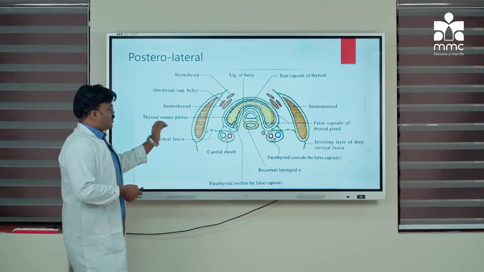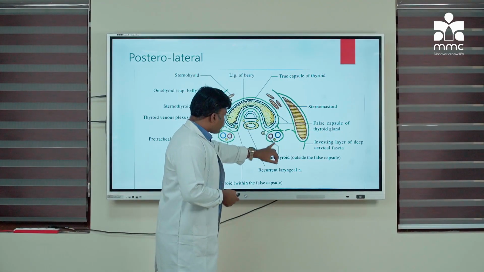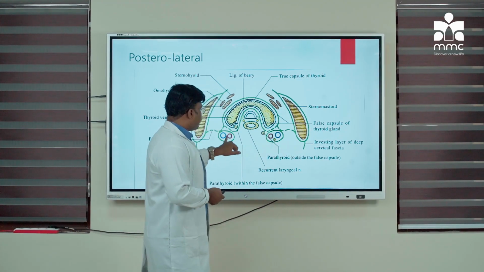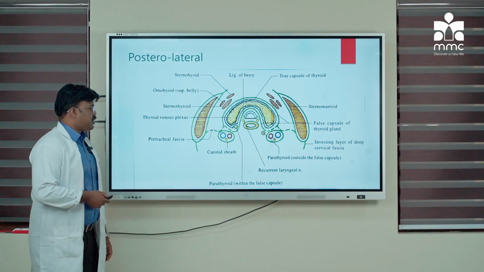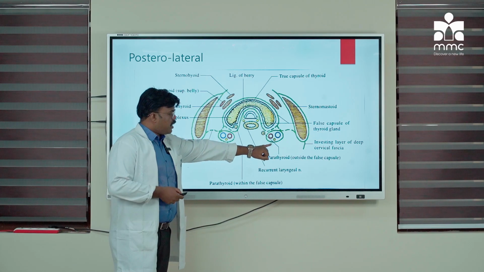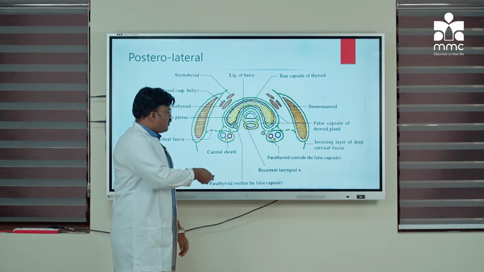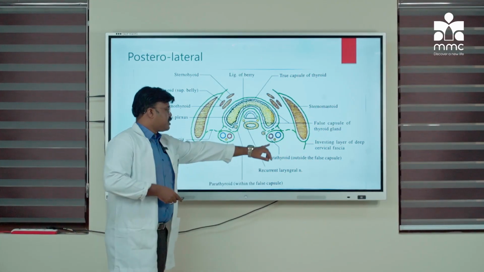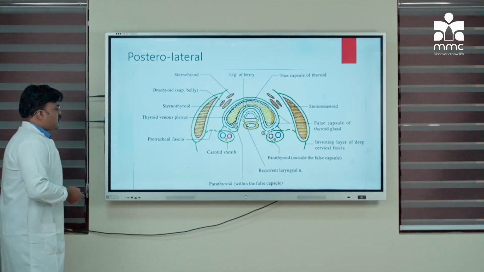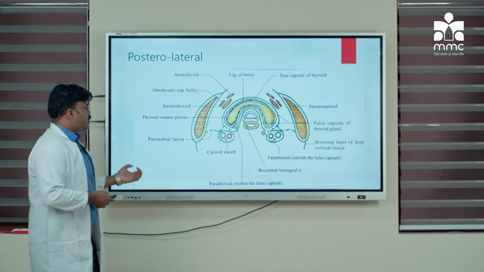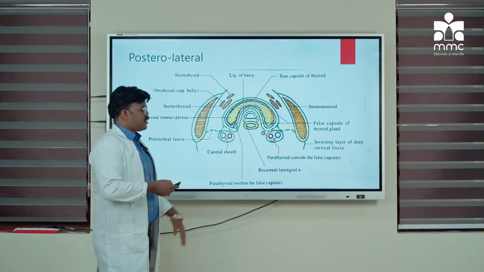Posterolaterally, it is related to the carotid sheath and its contents, and more posteriorly it is related to a structure that you call the sympathetic chain. So when it enlarges, it compresses these structures.